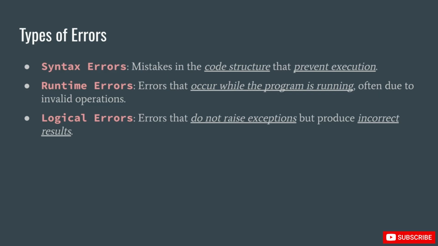First, syntax errors occur when there's a mistake in the structure of your code, preventing it from running. Next, runtime errors happen while the program is running, often due to invalid operations like dividing by 0. Finally, logical errors don't cause the program to crash, but they lead to incorrect results, making your program behave in unexpected ways.